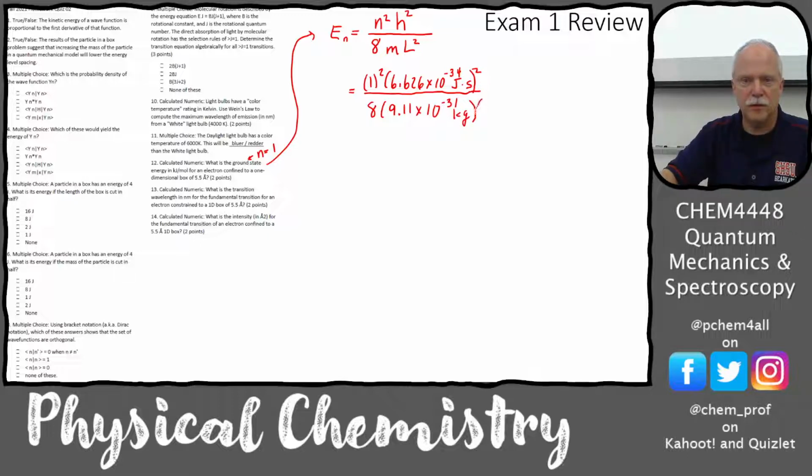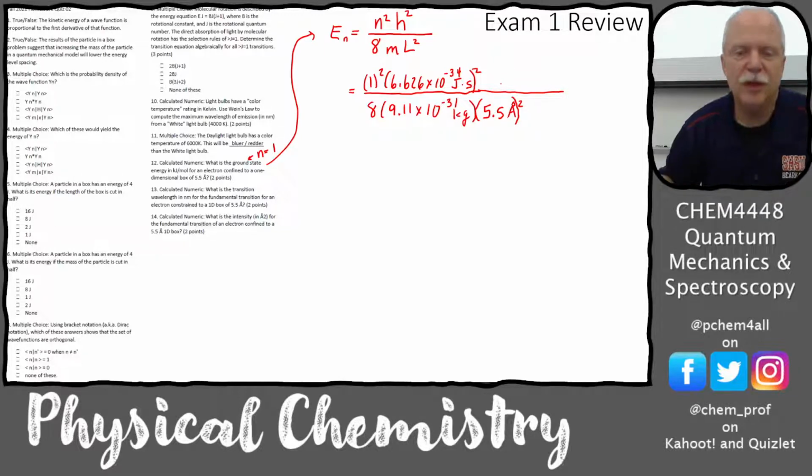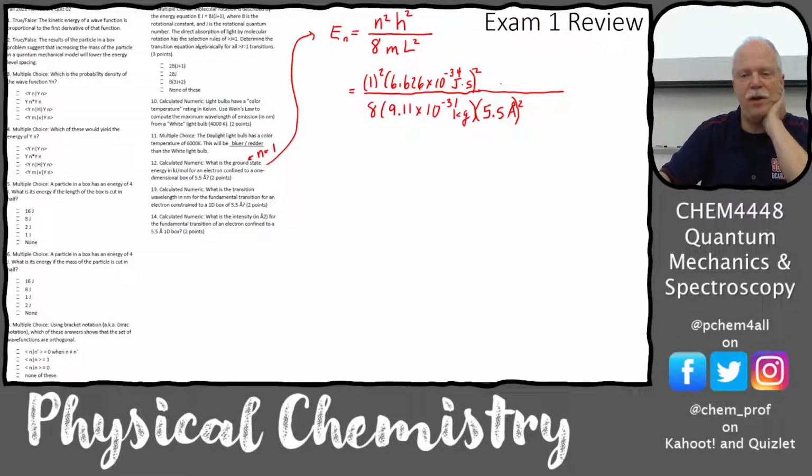And then L squared. So we have 5.5 angstroms squared. So this will give us our energy in joules. Let's make sure we know how that works.